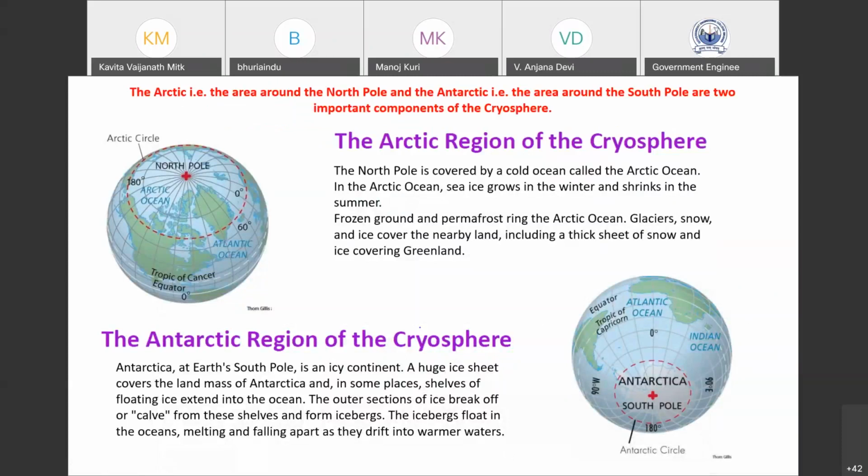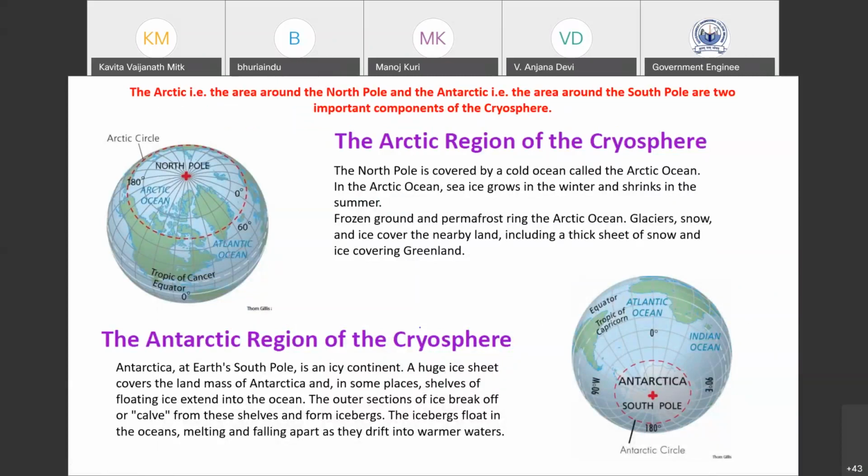So in these regions, though Himalayas is also one of the parts, but in this seminar we'll be considering specifically the polar regions. So polar regions consist of two regions, that is the Arctic and the Antarctic. We all know that Arctic lies in the North Pole and the Antarctic lies in the South Pole.